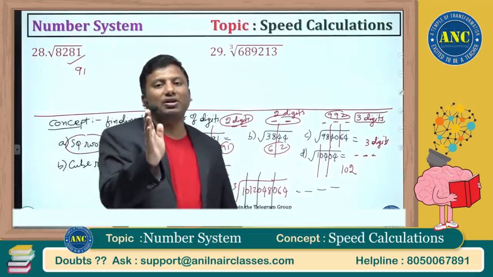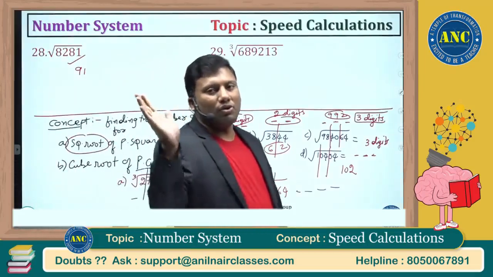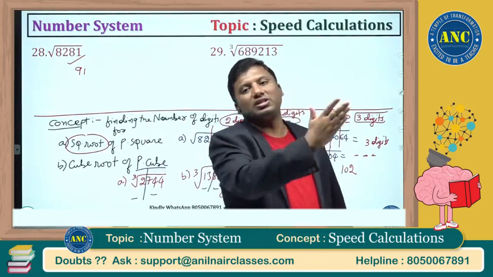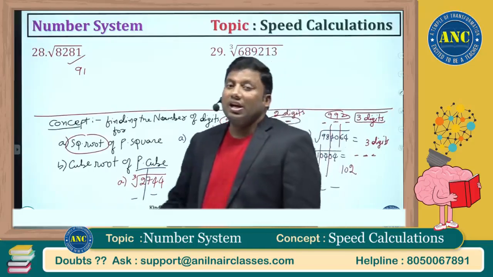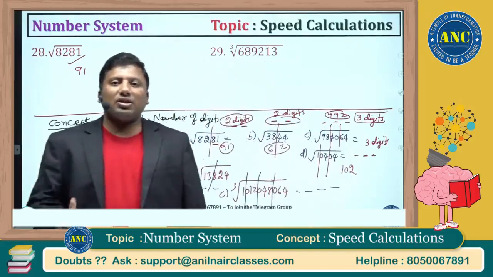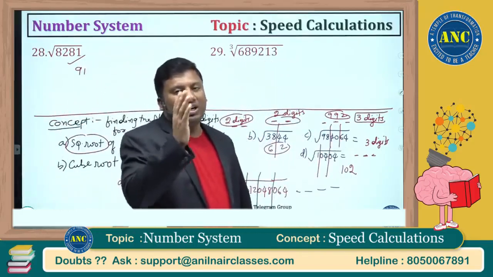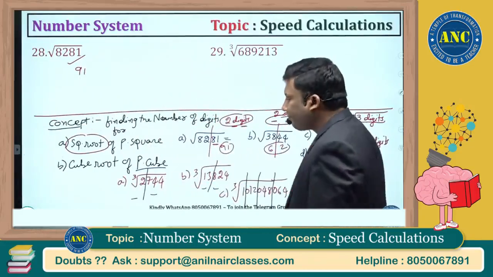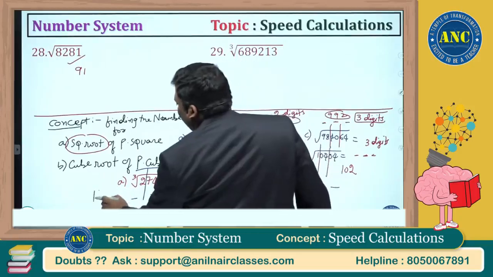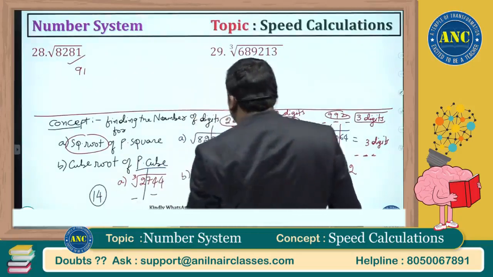If it is a perfect square, start from rightmost. Take a group of 2 digits from right to left. If it is a perfect cube, take a group of 3 digits from right to left. If it is a fourth power, take a group of 4 digits. This is nothing but 14.